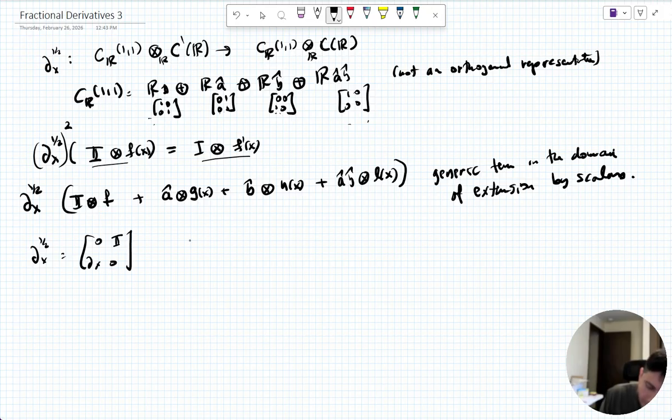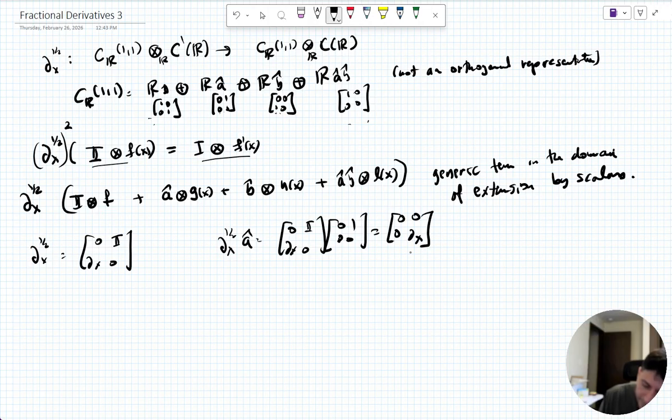So if we calculate the derivative operator A, you get 0, the identity, d/dx, 0, acting on 0, 1, 0, 0, from which we get 0, 0. Plus 0 plus the derivative here, basically. Right, that's that operator right there.